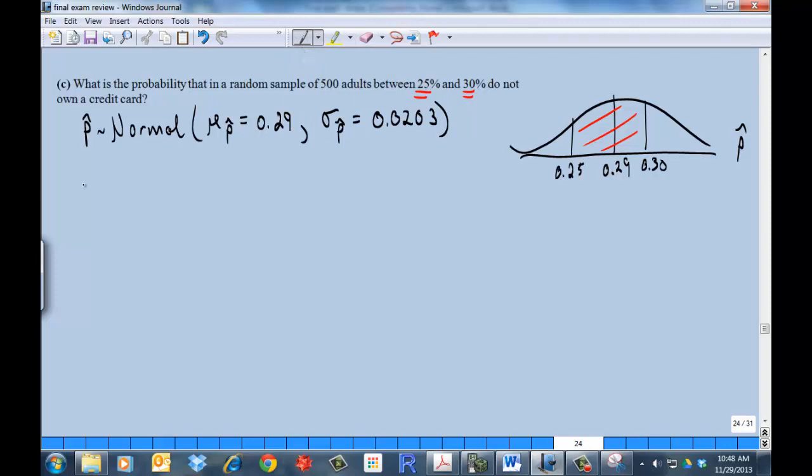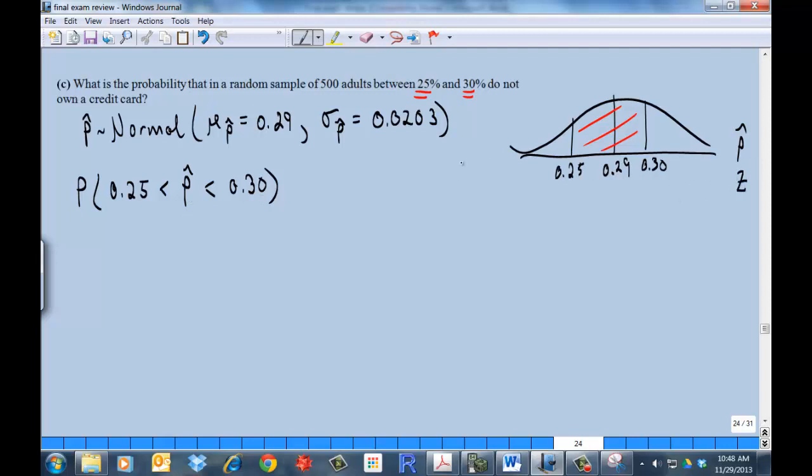Now from the picture we should be able to get our formula. What is the probability that p hat is between 25 and 30%? Again, we're dealing with p hat, which is non-standard normal.